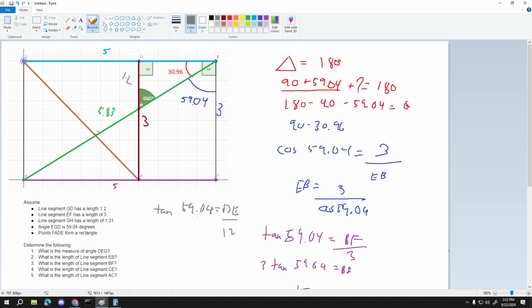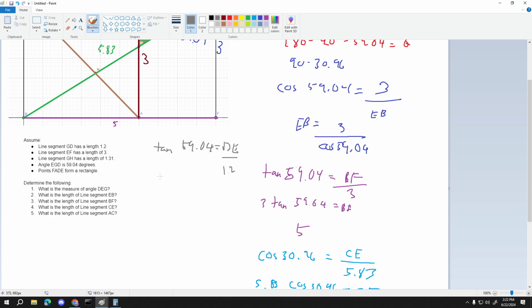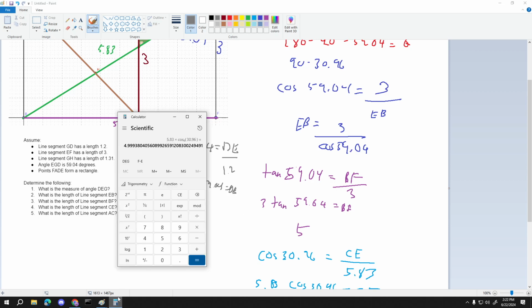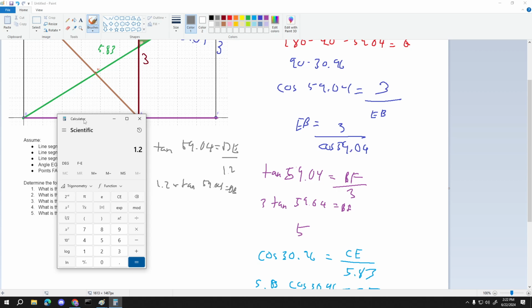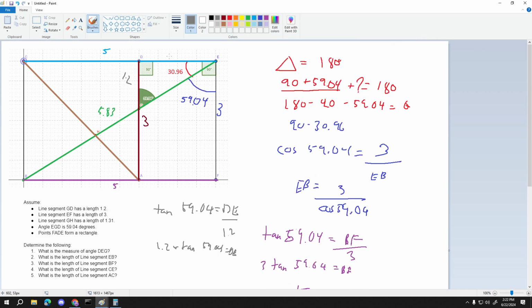So we leave DE on one side by multiplying both sides by 1.2. Hence 1.2 times tangent 59.04 gives 2. So we know DE is 2.